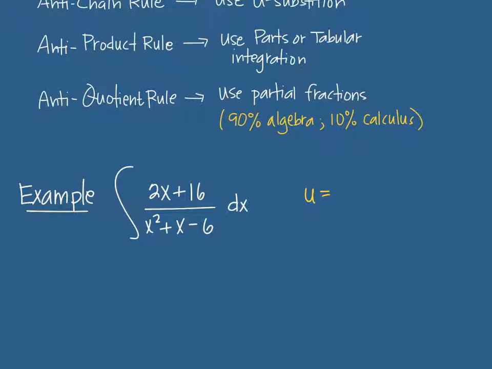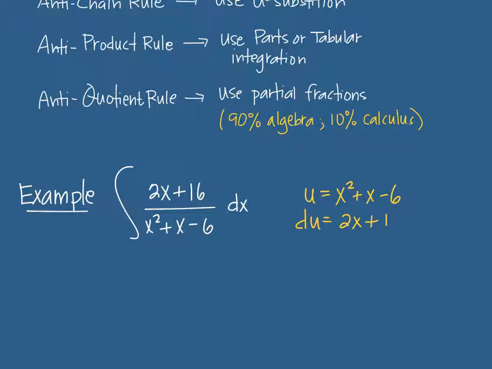For a quotient, your U is almost always going to be your denominator. So if we chose a U substitution here, hopefully it wouldn't take you too long to figure out that it's not good because of the 2x plus 16. Now, if it had worked out perfectly, well then for sure U substitution is the way to go.